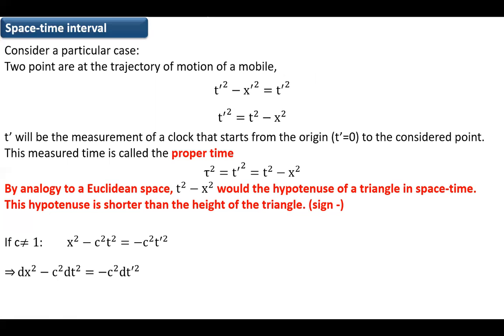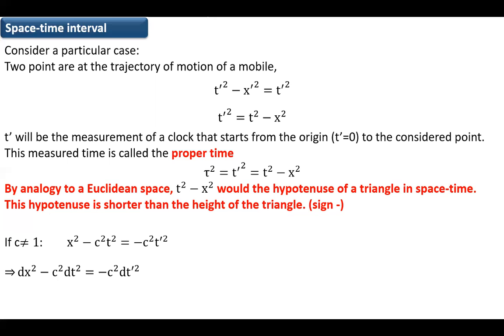In this case, t prime is the measurement of a clock attached to the mobile that starts from the origin of time, from t prime equals 0, and is measuring the time along the motion. So it is the measurement of a clock that is attached to the mobile frame.